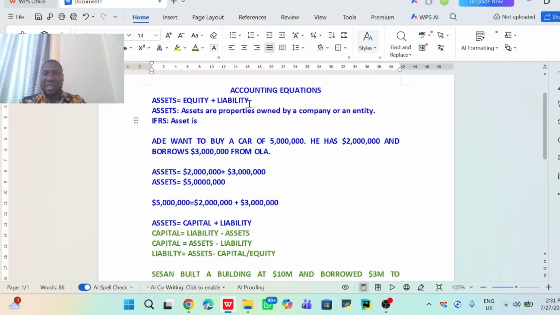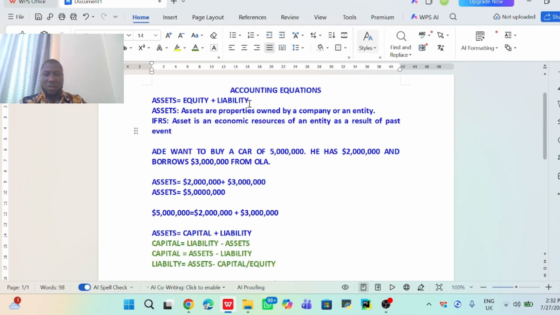An asset is an economic resource of an entity as a result of past events.